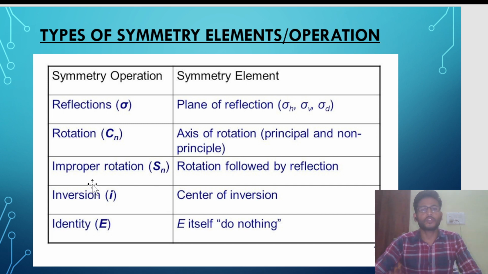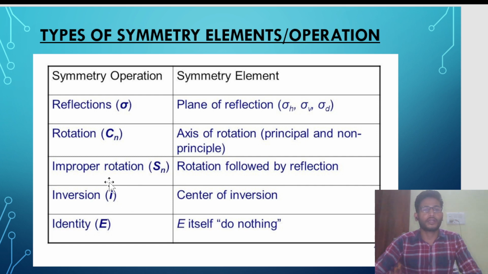And third symmetry operation is improper rotation. It is denoted by Sn, and this symmetry operation is related with the symmetry element rotation followed by reflection.